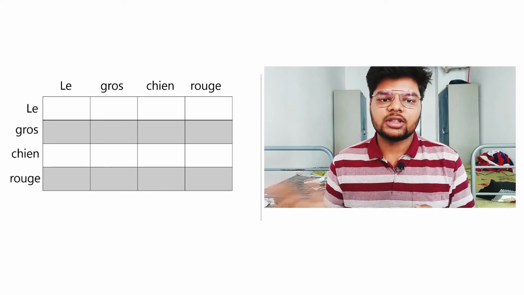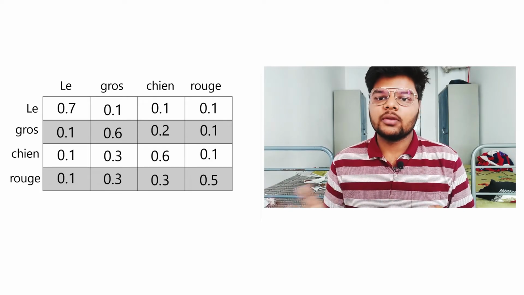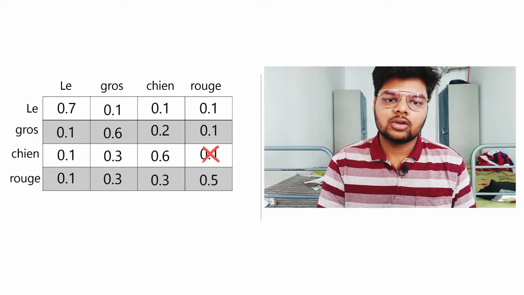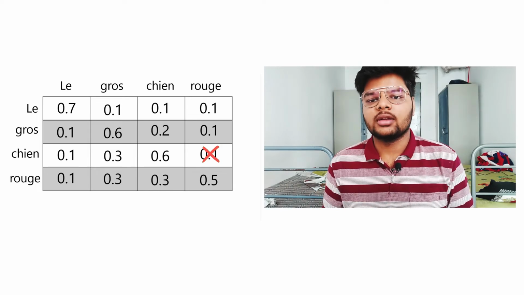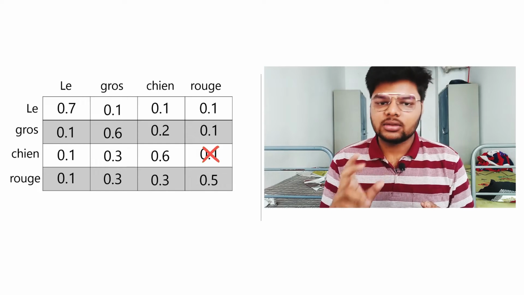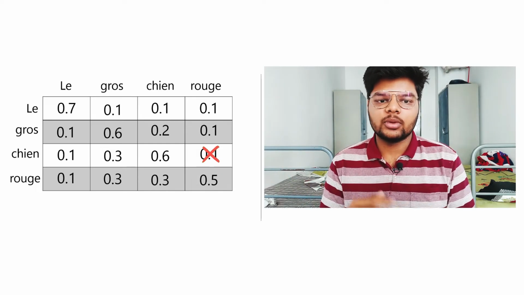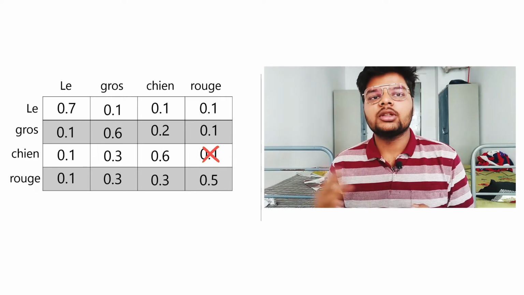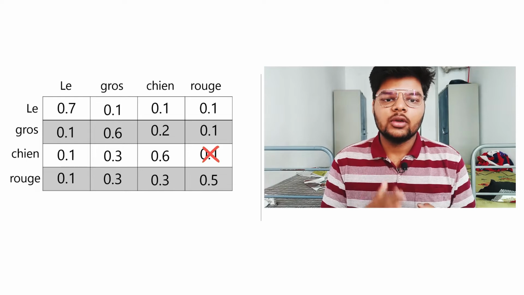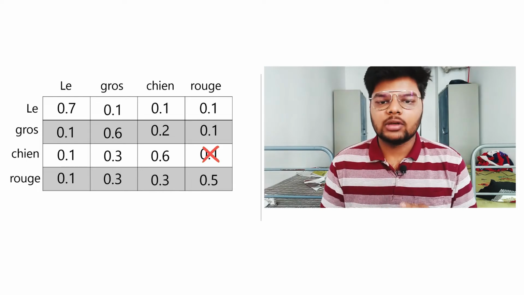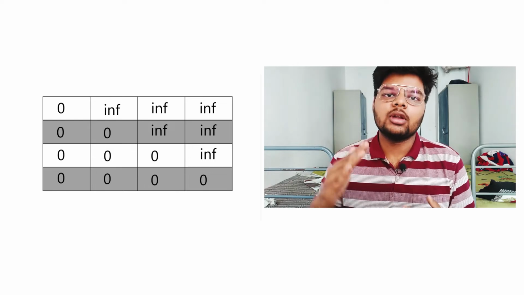For example, in this case, when computing the attention score on the word chien, we should not have the attention score of the word rouge, as it is a future word which will be generated after the word chien. A word should only have access to its own score and its previous words' scores. So we will use a method called masking, which nulls out the attention score of future words by adding a mask, which is a triangular matrix having zero values in the lower half and infinite values in the upper half.